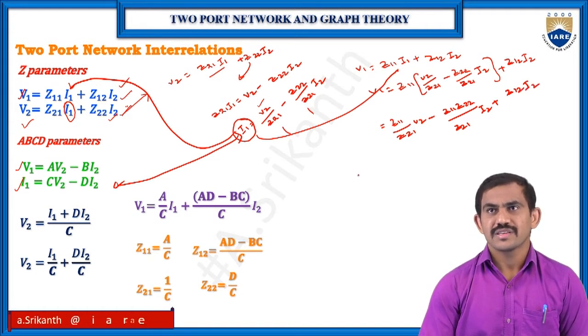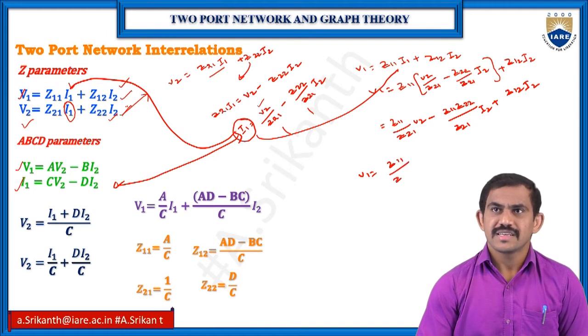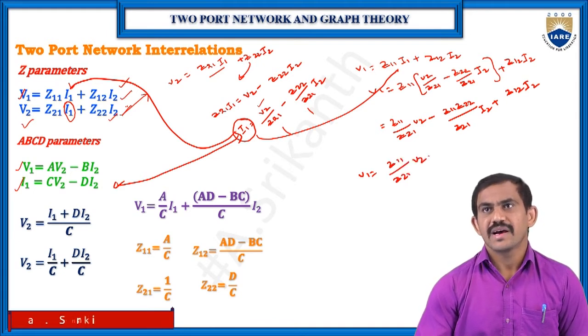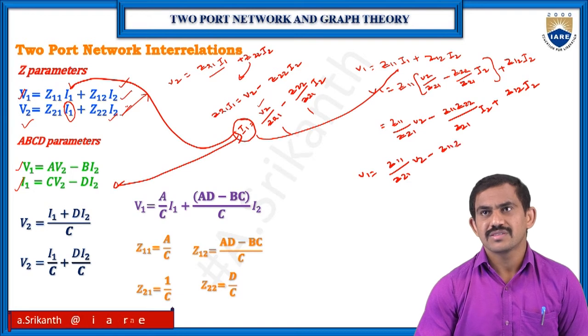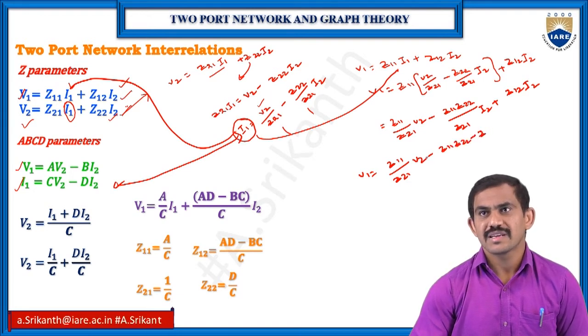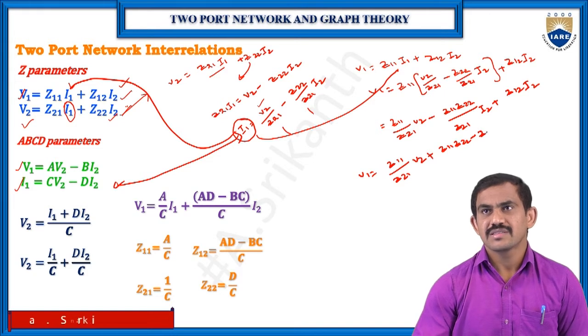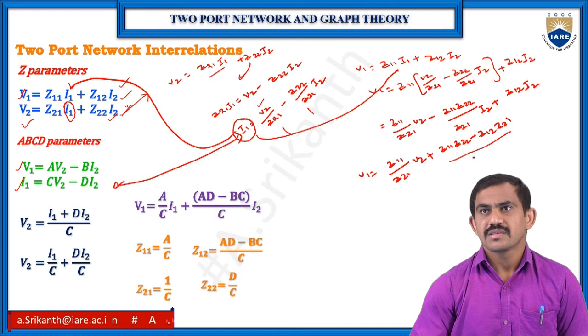From this equation, we have V1 equal to Z11 by Z21 V2 minus Z11 Z22 minus Z12 Z21 by Z21 into I2.